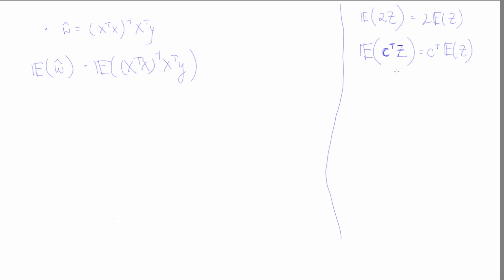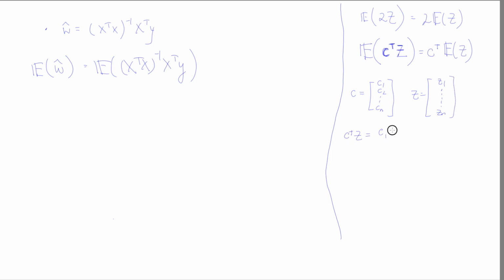Let me show you why. What is c? Well, c is just some constant vector c1 to cn, and z is a random vector z1 to zn. So what is c transpose z?